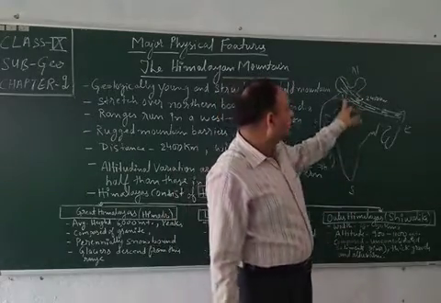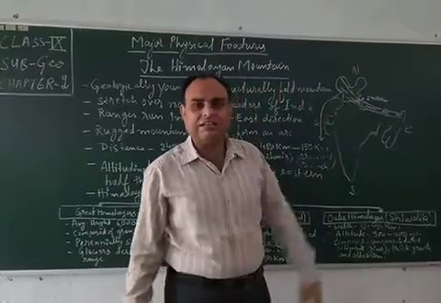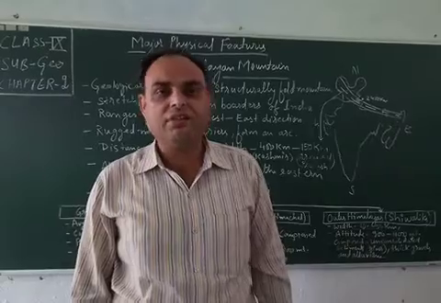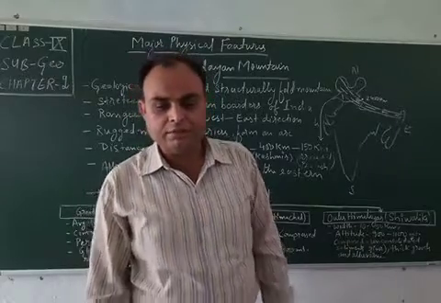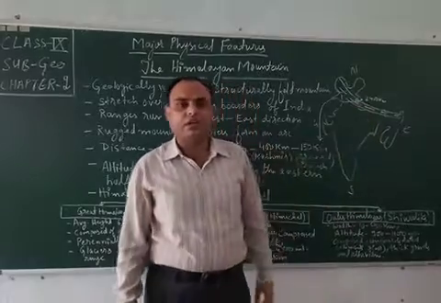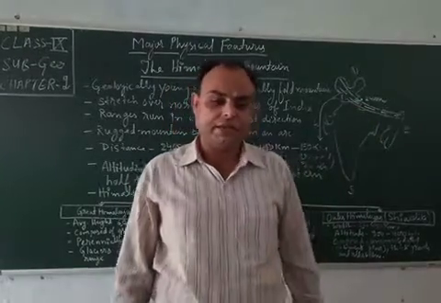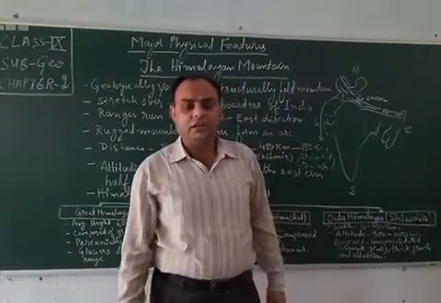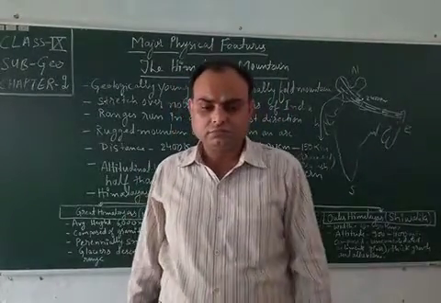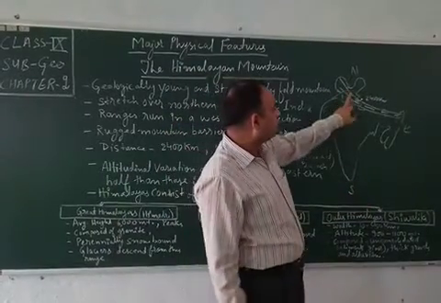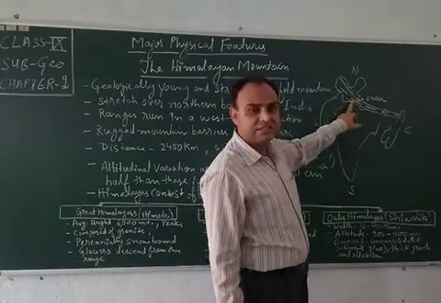Now in between these, the mountain ranges are located. They have their regional names. In Punjab it is called the Punjab Himalayas. In Kashmir it is called the Kashmir Himalayas. So these are the two rivers, Indus and Satluj.